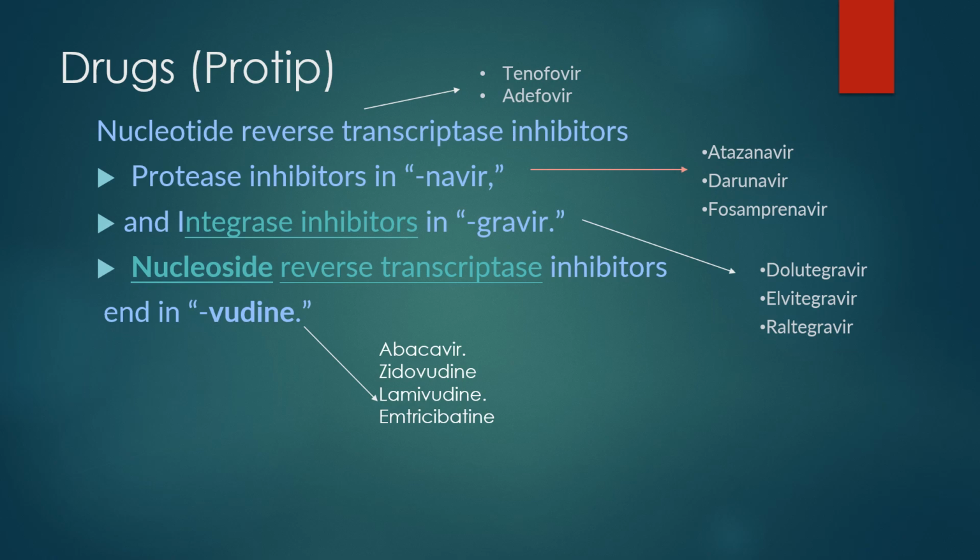In order to learn the drugs, I have a very short mnemonic for you guys. Protease inhibitors end in navir, integrase inhibitors end in gravir, and nucleoside reverse transcriptase inhibitors end in udine. The nucleotide reverse transcriptase inhibitors are tenofovir and adefovir.